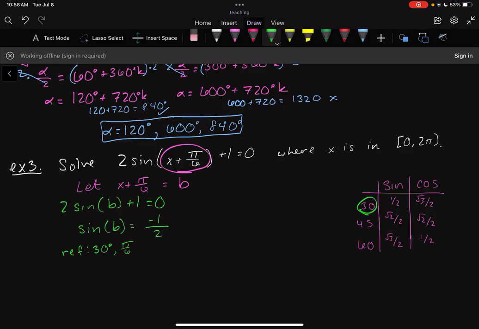But now we have to also consider the fact that it's a -1 over 2. So sine is going to be negative in what quadrants? You think about it. It would be 3 and 4. So I have a reference of pi over 6 and I'm looking in quadrants 3 and 4.